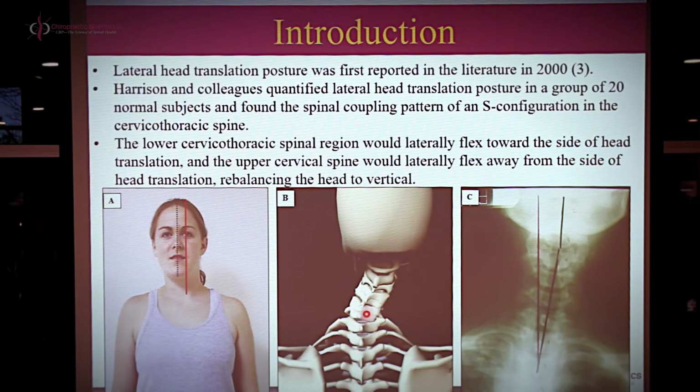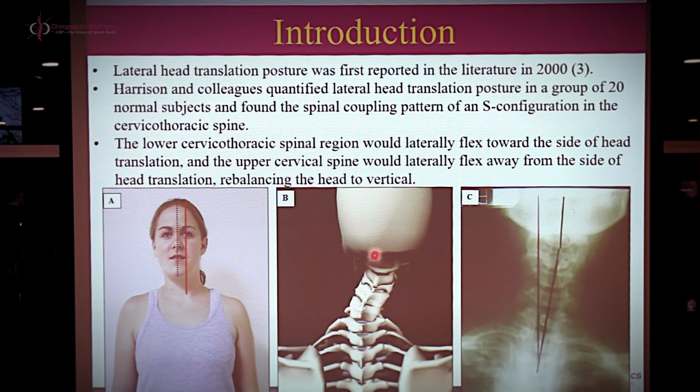This S curve is shown by the lower segments tilting or bending to the side of head translation, in this case the right, and then the mid and upper neck joints, including the skull, tipping to the left relative to the direction of head translation. So if I translate to the right, these segments here in the head are tipping to the left relative to the lower neck and relative to the side of head translation.